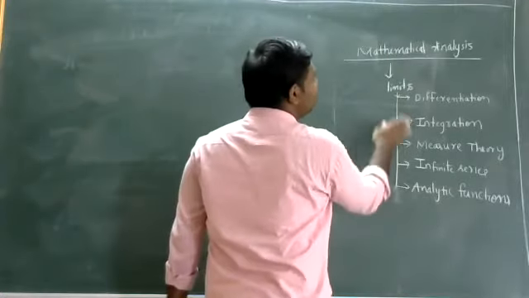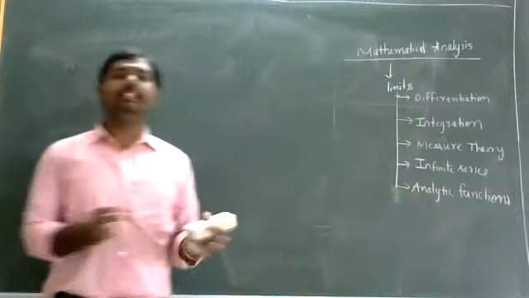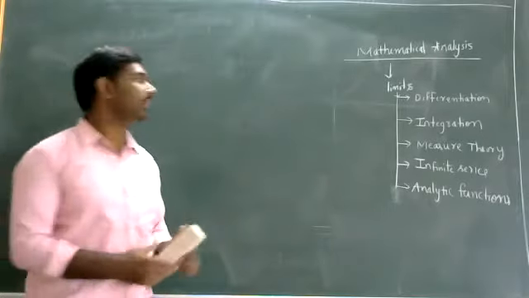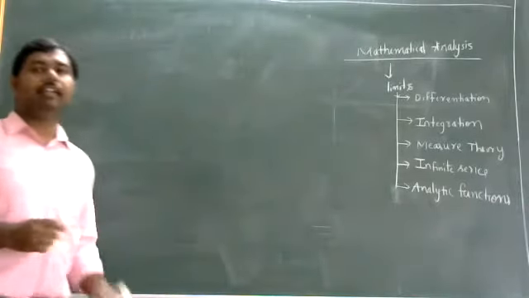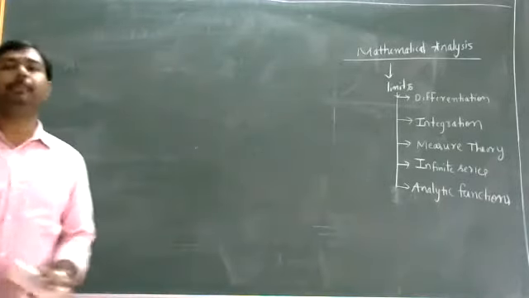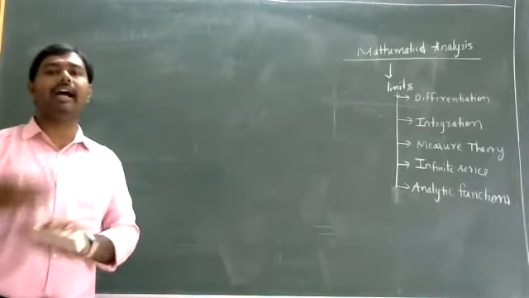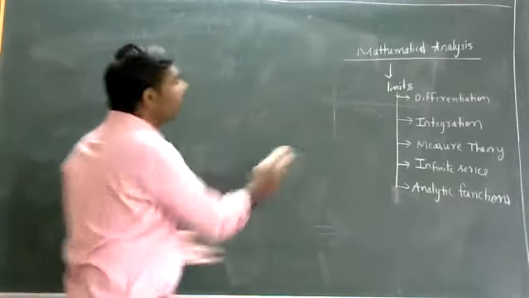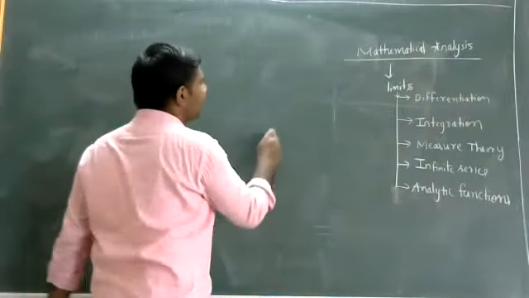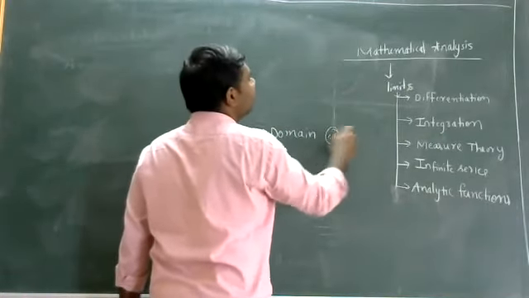Now, to study these theories, we need some domain. For example, if you are asked to give a speech, immediately you ask the topic. So on what topic I have to give the speech. Similarly, to study these theories, we need a domain, or we can say context.